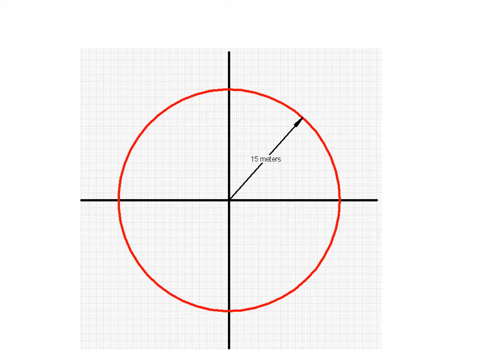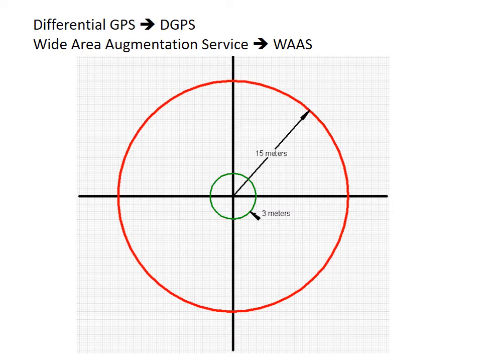Well, how much more accurate can you get? Here's a 15-meter circle drawn to scale. Used correctly, you can be 95% confident that your true location is inside this circle with an average GPS unit. DGPS, or differential GPS, is any ground-based system used to boost normal GPS positioning accuracy.